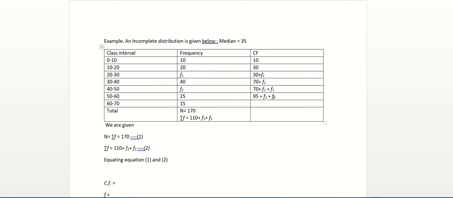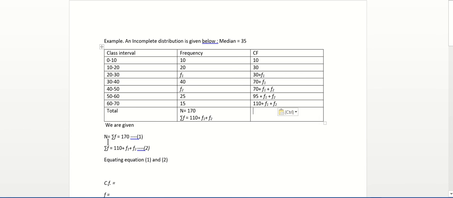Then 95 plus 15 is 110. So we have calculated CF, 110 plus F1 plus F2.